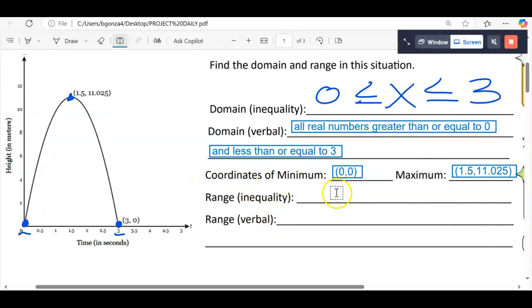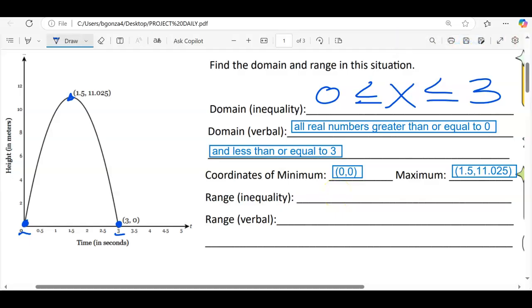Now the range, just like the domain, except range is the letter y, you put y is less than or equal to, because each bottom and top point is a shaded circle. Now, all I'm looking at is the y value. So for this bottom point, the y value is still 0.